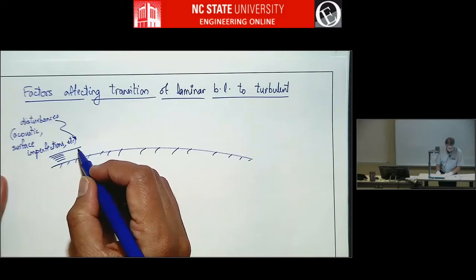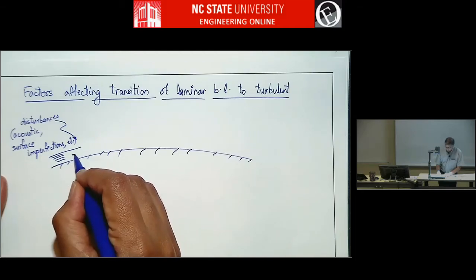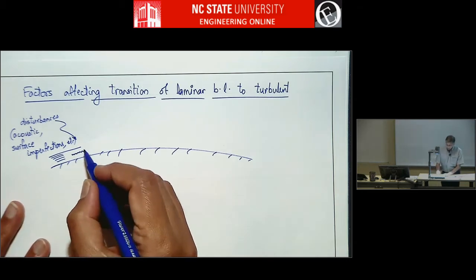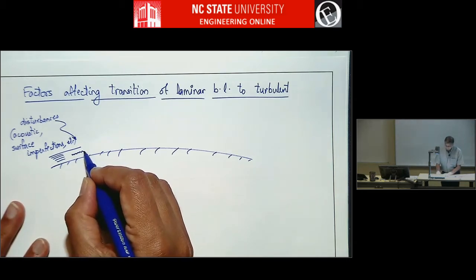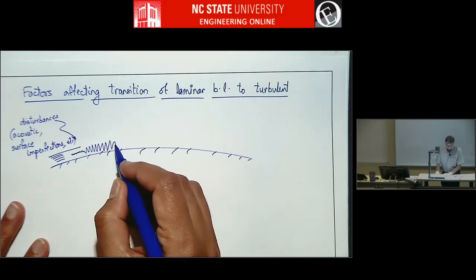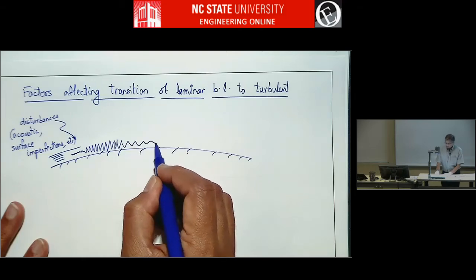So these disturbances will cause waves in the laminar boundary layer, and depending on the situation, these waves may get amplified and grow and eventually cause the boundary layer to become turbulent.